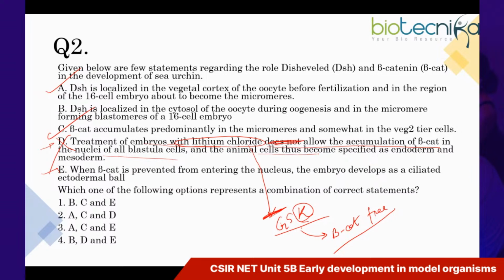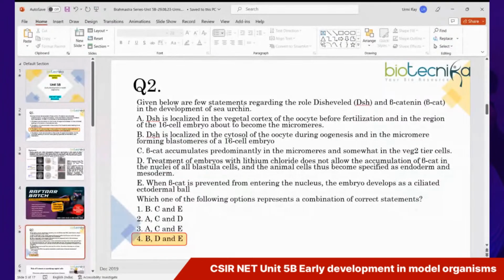And the animal cell becomes specified as endoderm and mesoderm. This is correct. Only this word is not correct. So D is not correct, which means E is correct. Oh, I think by mistake I have marked it. Yes, correct answer is option 3 only.